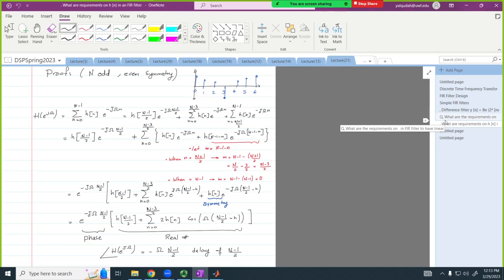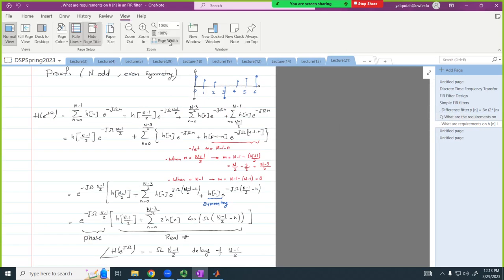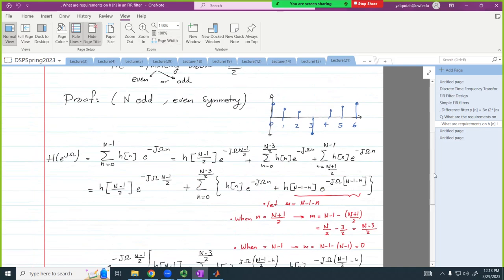And since this is lots of typing, I just typed it ahead of time. So H(e^jω) is the summation from 0 to N-1 of h(n) e^(-jωn). Agree? Now what we're going to do is split it into 3 parts.